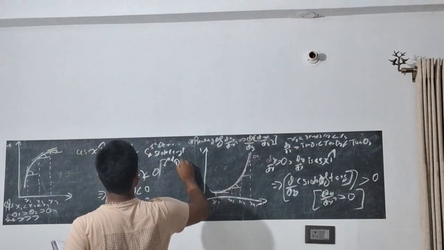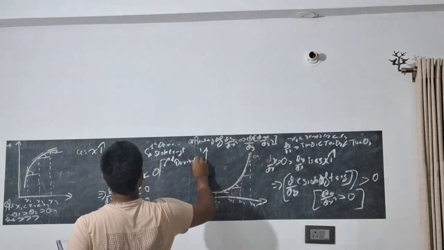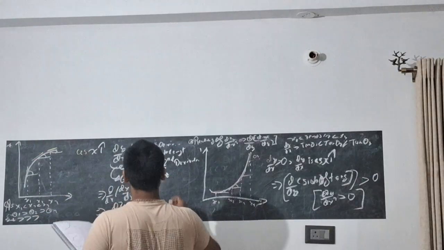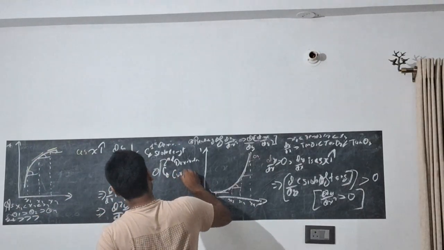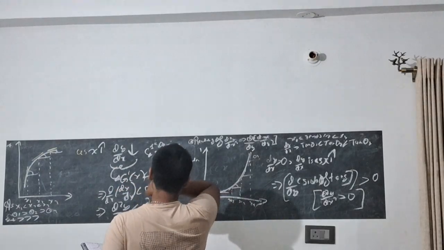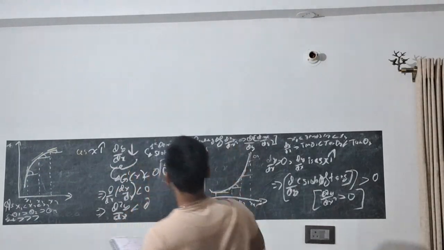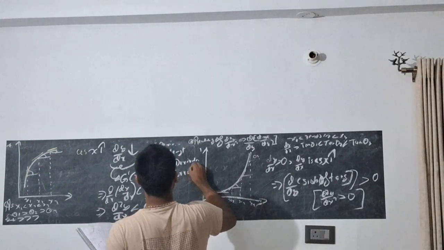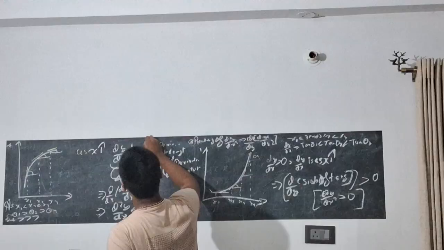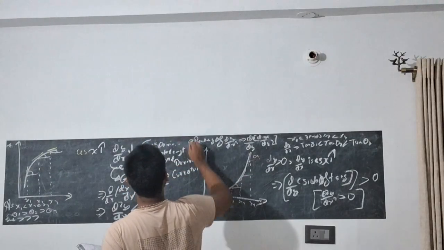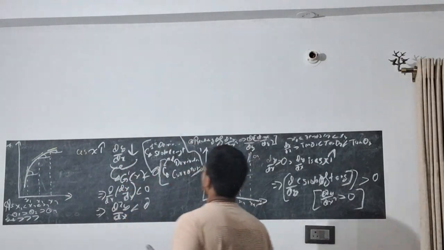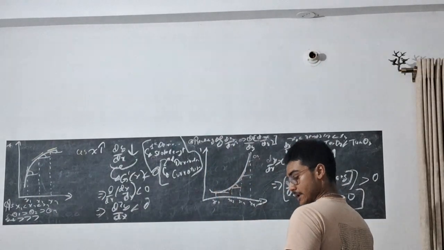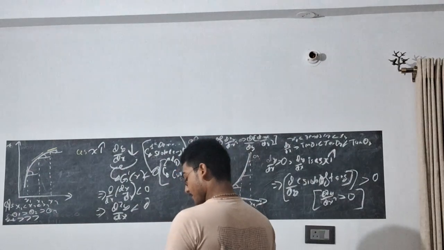The second derivative will depend upon the curvature of the graph. This is a very important topic. So this is here for the topic of the maxima and minima.